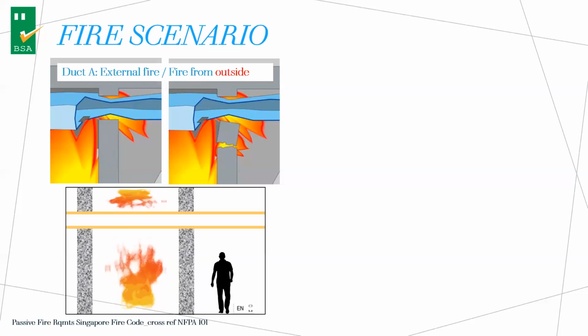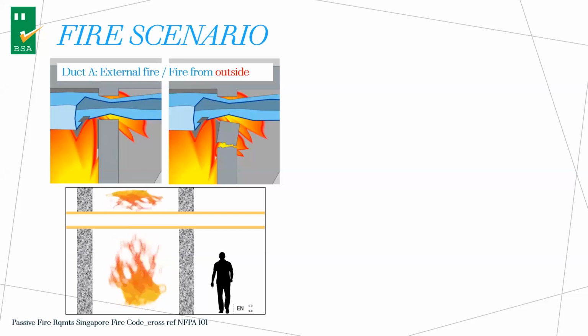Some examples here: a situation where you have the duct going through two compartment walls and there's no opening. This duct is being burned on the outside. If it's not fire resistant, it will be twisted and crack, and the fire will spread from one side to the other. So this duct is being burned on the outside only.